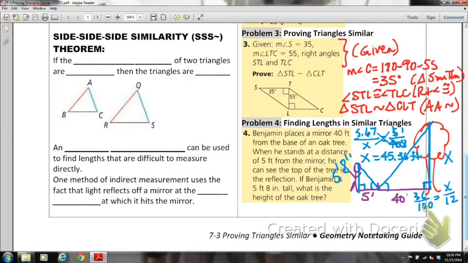That's going to get the decimal of 36 hundredths back into inches. If you solve that, x is going to be 4.32 inches. So your answer for the height of the tree is going to be 45 feet and 4 inches.